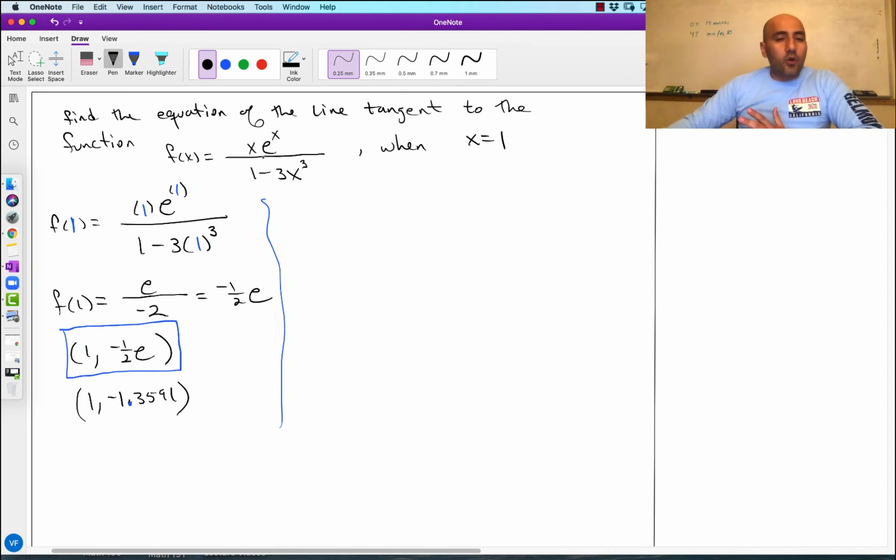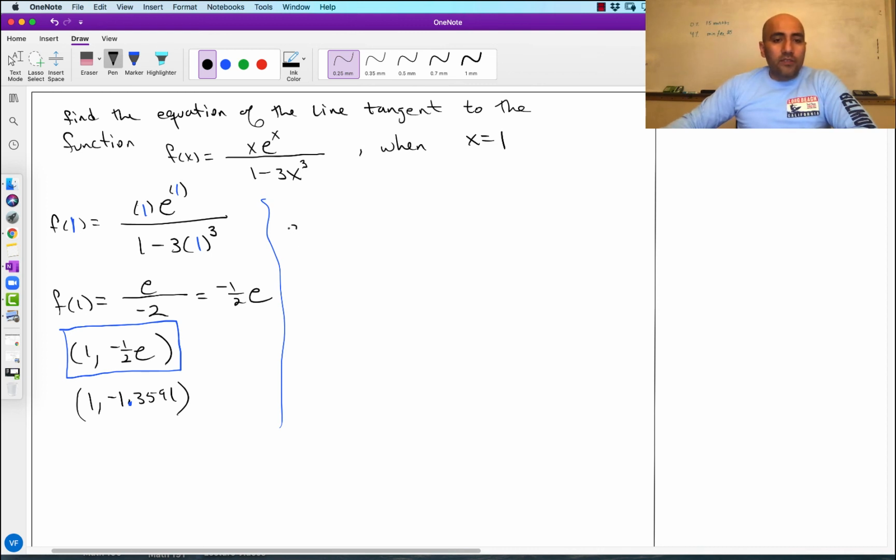There's really no way to break this down into something where we could use the power rule, like we did with the very first rational function. I could rewrite this as a product, but then I'd have this whole denominator to the power of -1, and we still haven't learned how to deal with that yet. So quotient rule is our best option.